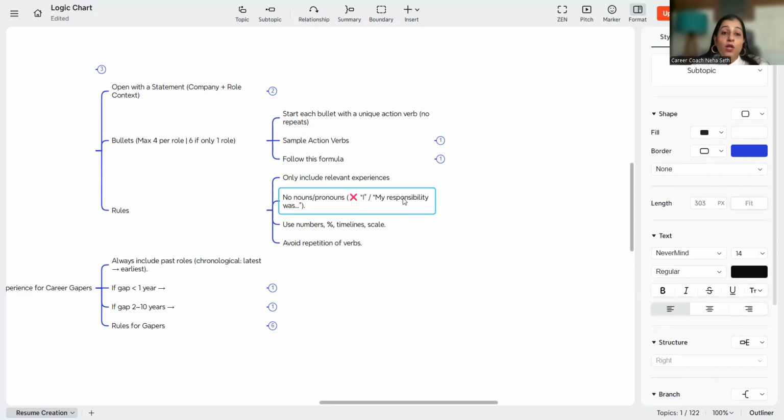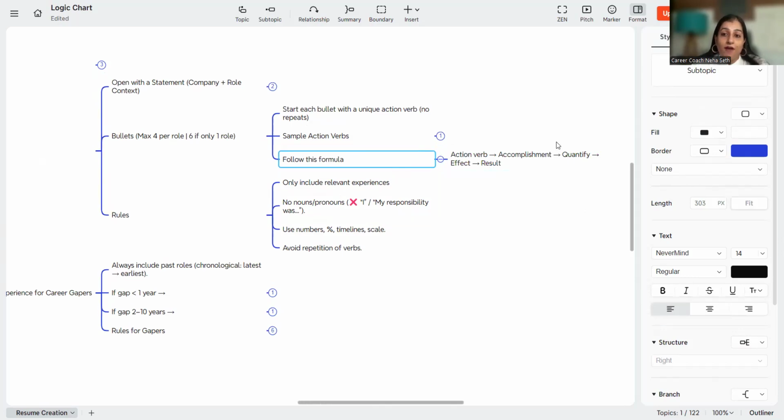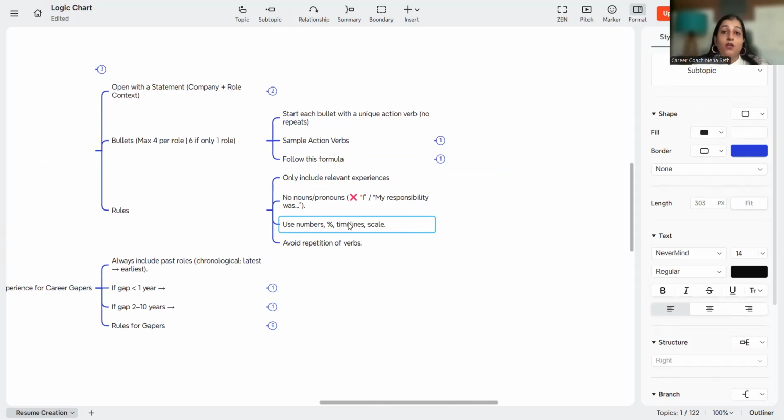Okay. Now the next rule is no nouns or pronouns, so you should not be using I, me, my responsibility was. It should always start with the action verb. When I talk about the formula, I mention quantify. Quantify is nothing but numbers, and recruiters love numbers.